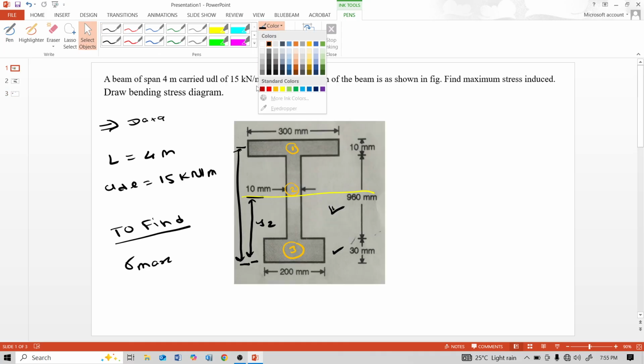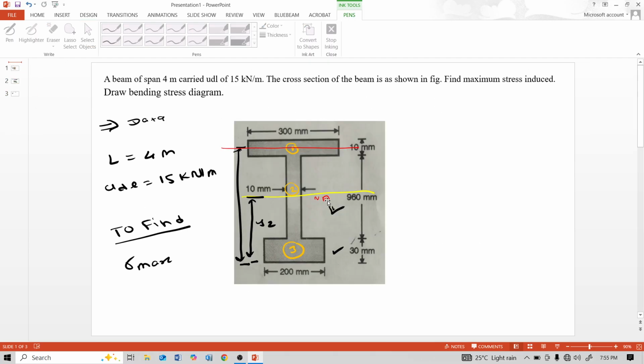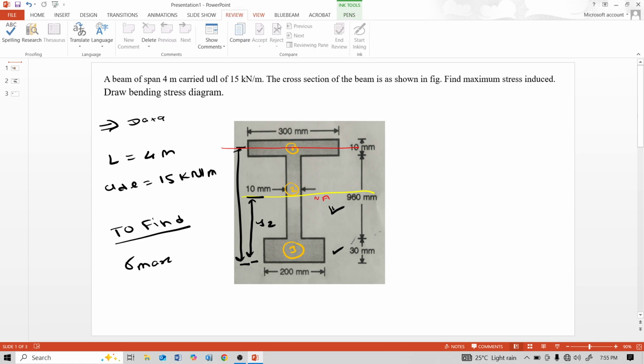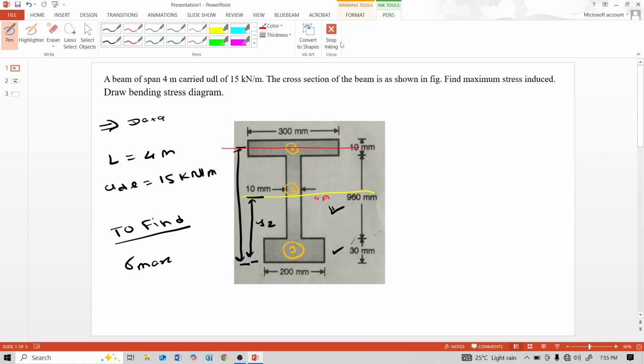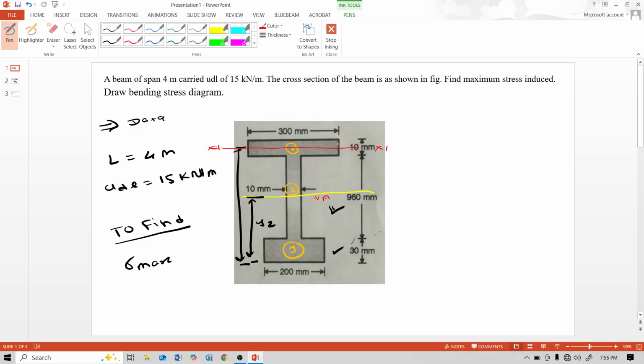Here I xx1 is this and our position of neutral axis from bottom is 428.54. For calculation of this x1 axis I xx1, moment of inertia for only this top flange is 300 multiplied by 10 cube by 12.